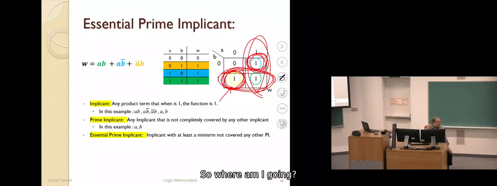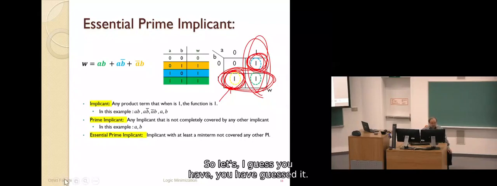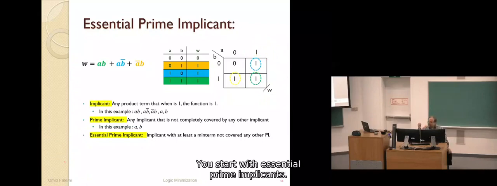So where am I going? I had definitions for you. Now with these definitions, I'm going to start simplification. I guess you have guessed it. You start with the essential prime implicants.